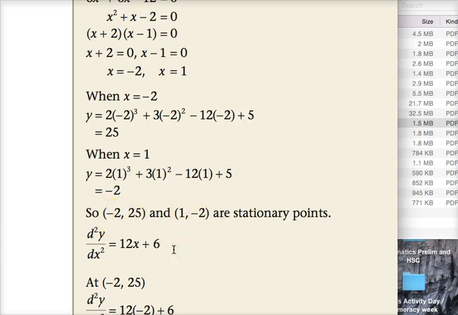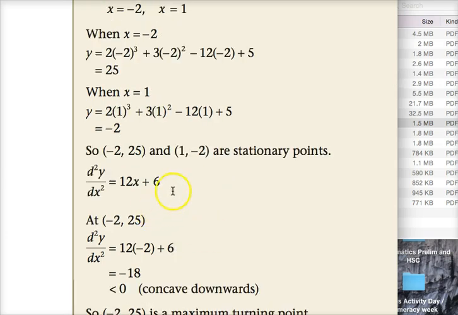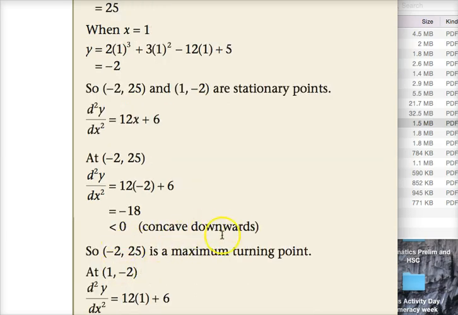You've done all this before, but this is not what we're doing in this exercise. Then they're doing the second derivative. Why? To determine the nature of the stationary points. They substitute in the x value of -2 here and get a negative second derivative, concave down. Therefore, you've got a maximum.